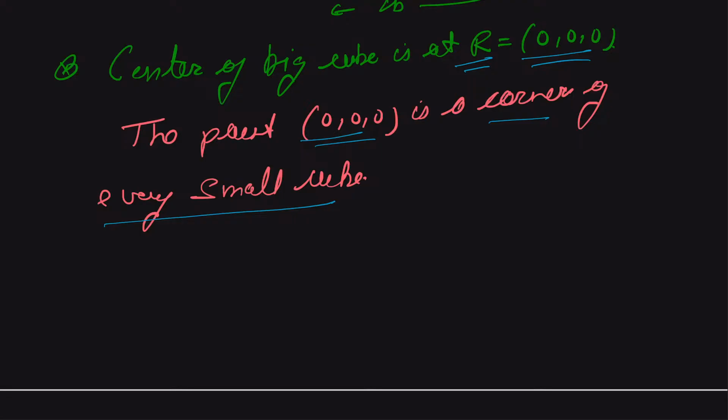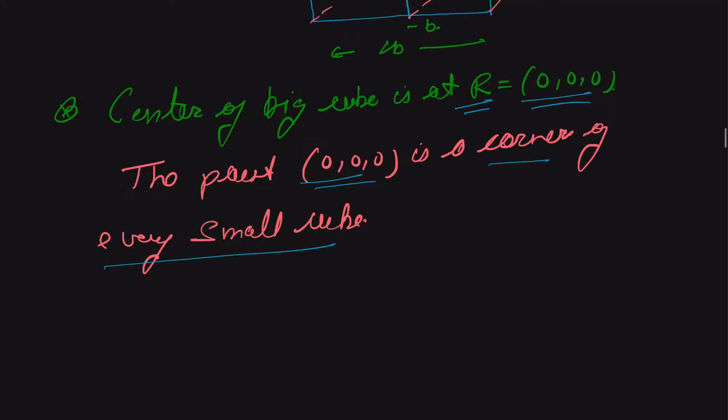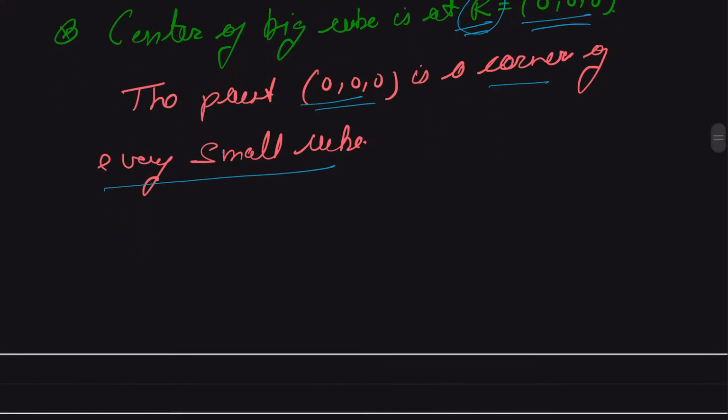So from here we can further write that for the big cube, this capital R is a center, but for a smaller cube, this capital R is a corner. Therefore we can say that this R can be divided into two parts.